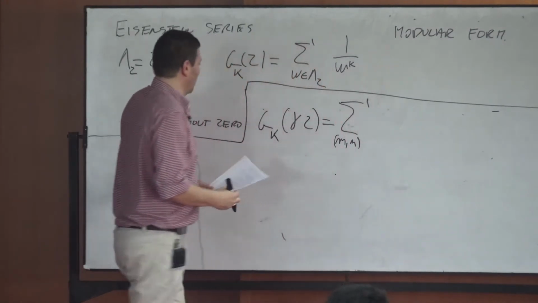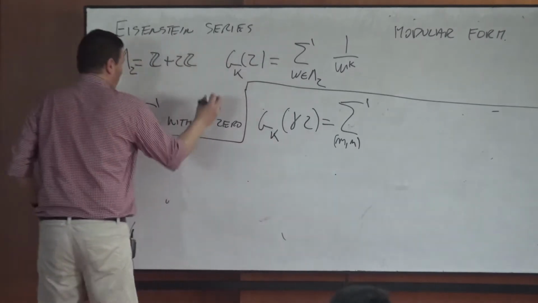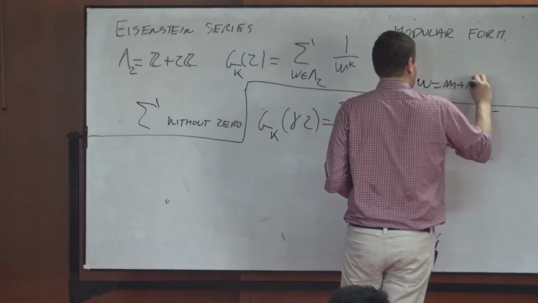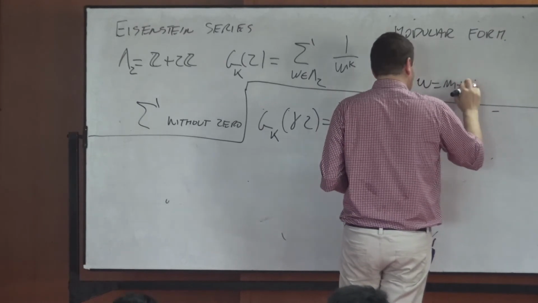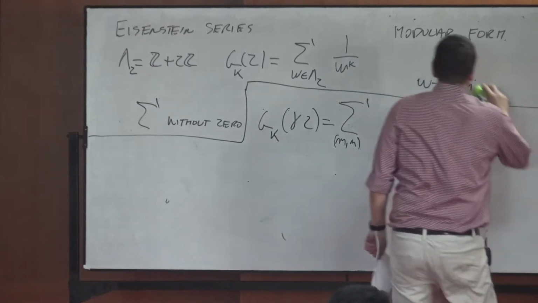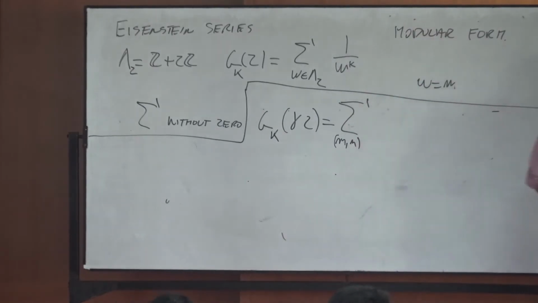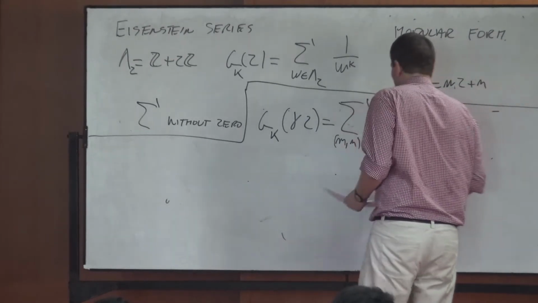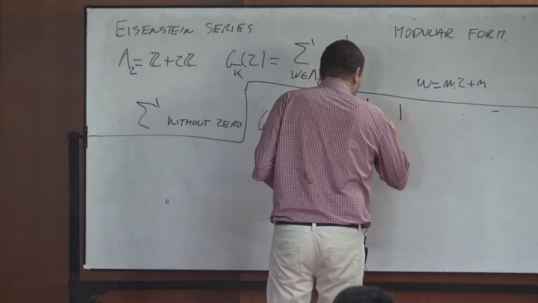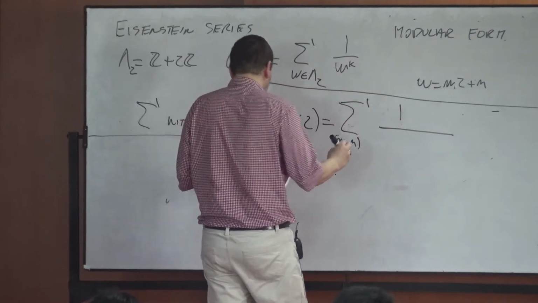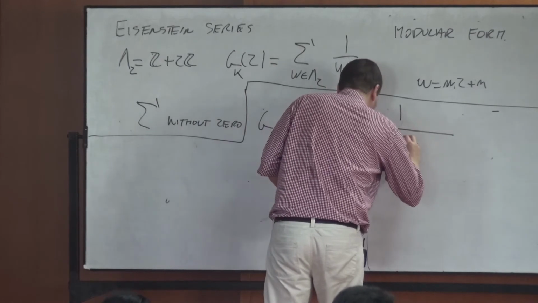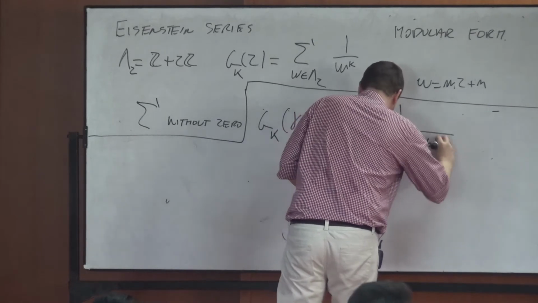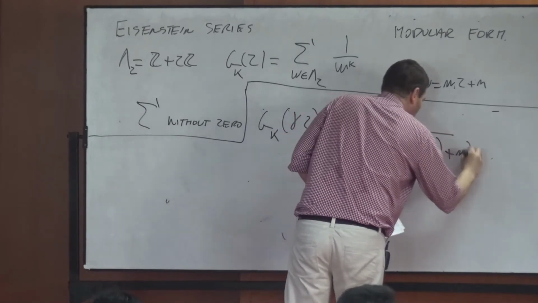And now I specify, so my omegas now will be, omega is m tau plus n. And then I have 1 over m times (a tau plus b) divided by (c tau plus d), plus n, to the k.